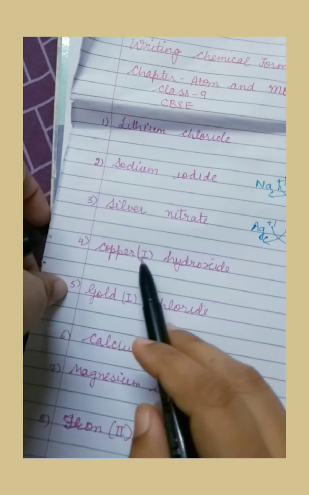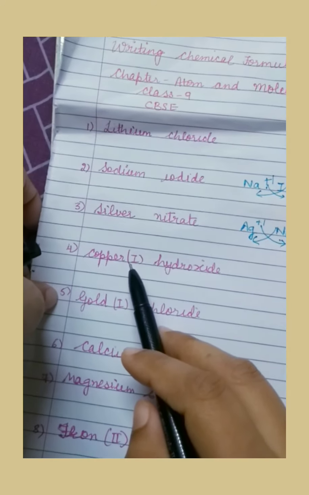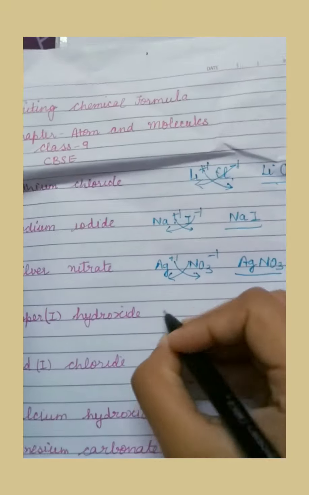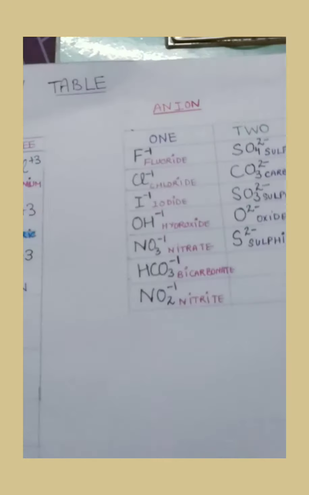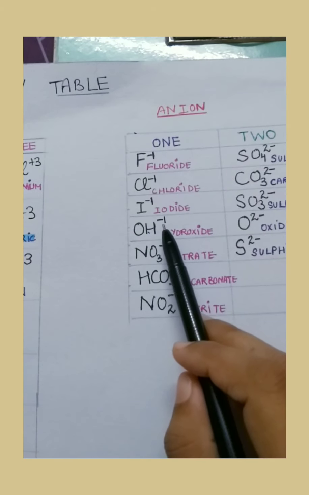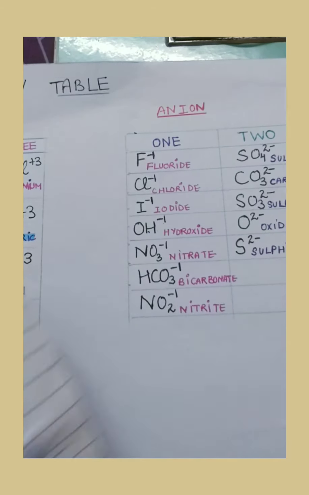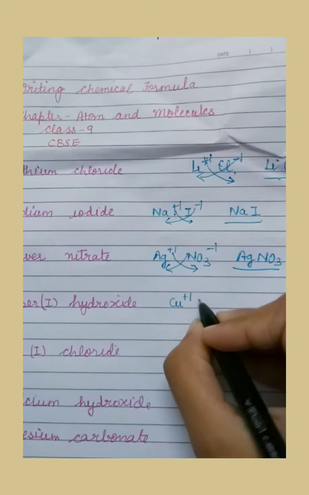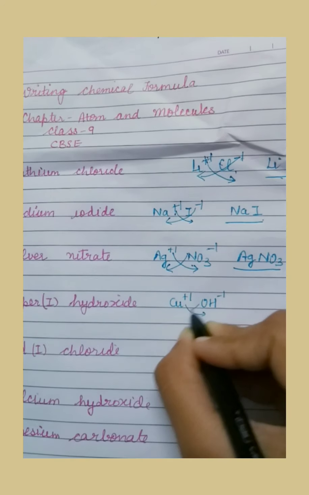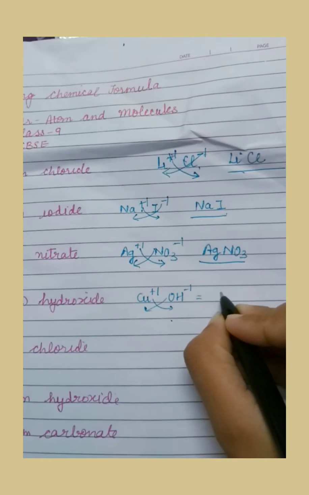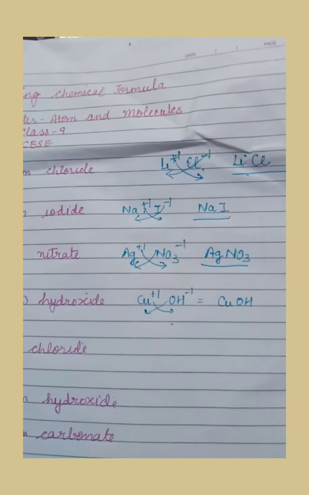But here, since they have written copper 1, I have to take the valency of copper as 1. So I will just write the formula copper. The formula for hydroxide is OH minus 1. So just write OH-1, cross valency it, and the formula becomes CuOH.